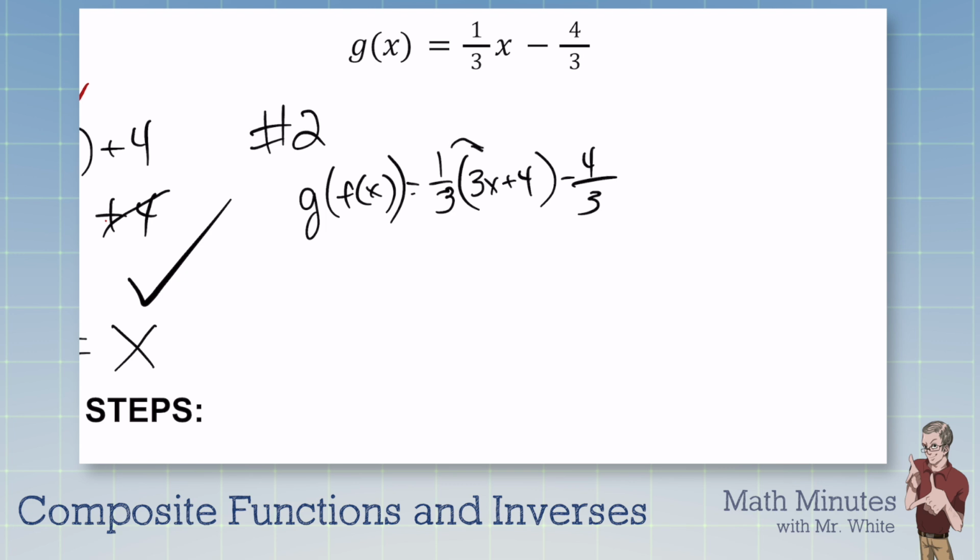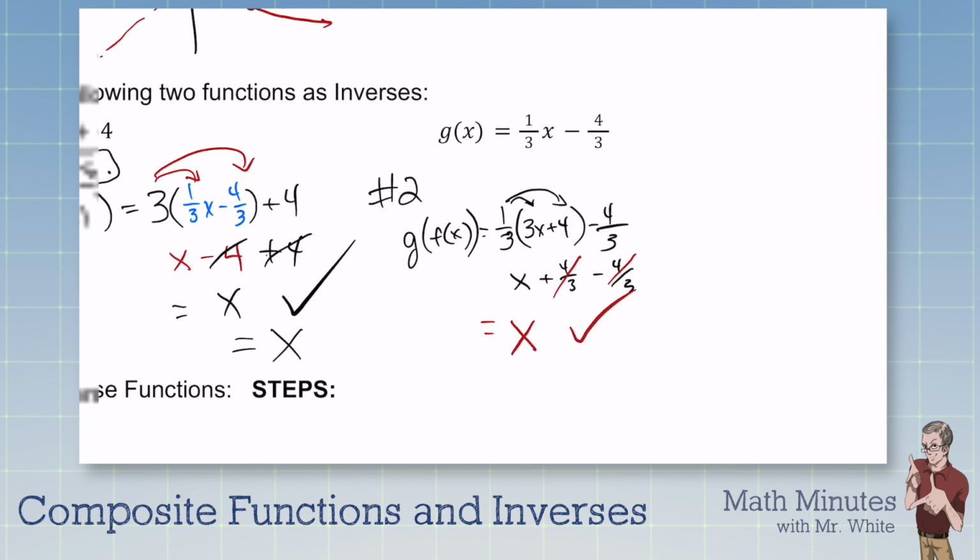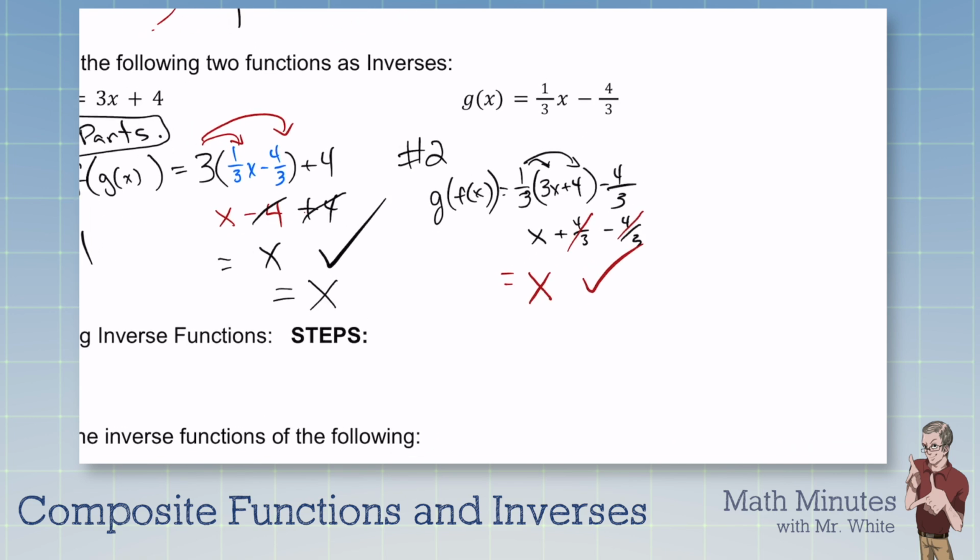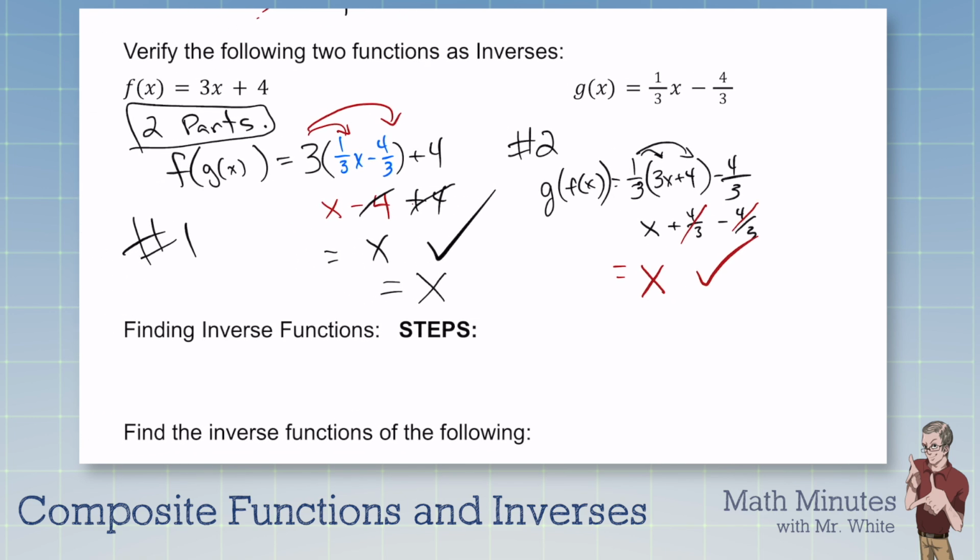If you do the distributive property, 1/3 times 3 is just x, and then we get plus 4/3, and then we have minus 4/3. Well, what do you know? Those two just add up to 0. We get plain old x. We put a check mark there. We have just confirmed that f of g and g of f, both of these, give x in the end.